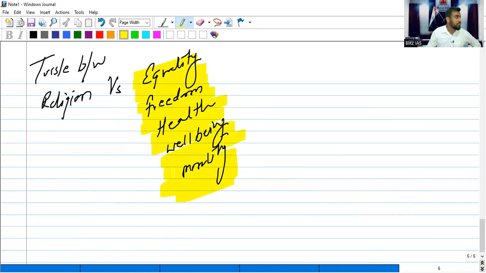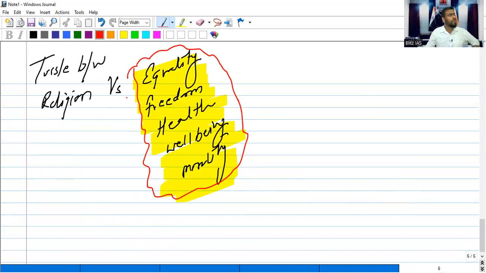Are you getting this? Why was triple talaq abolished from India? यही सुप्रीम कोर्ट में सरकार का स्टेटमेंट था. Whenever there is a tussle between any religious practice which is against the principle of equality, freedom, well-being and all, ये वाला side को हमको side लेना है.